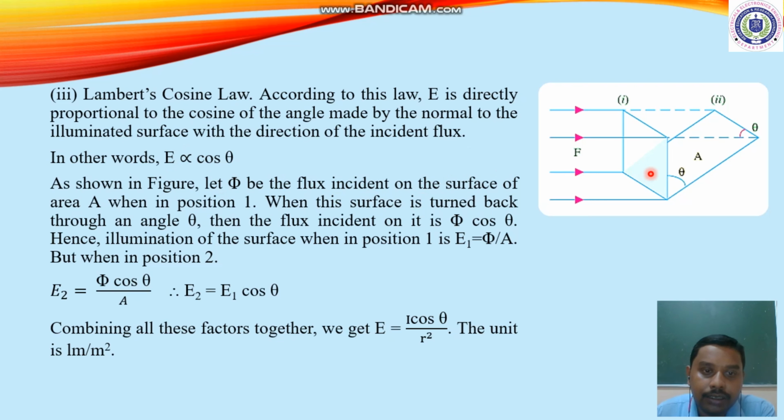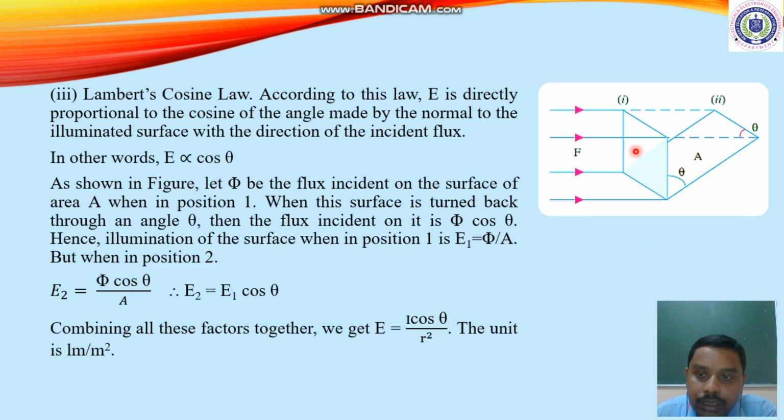In this figure, suppose the flux phi is incident on a surface of area A. When the surface is turned through an angle theta, the flux incident is phi cos theta.